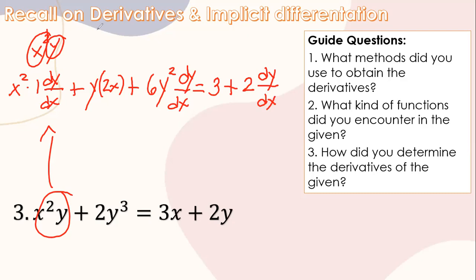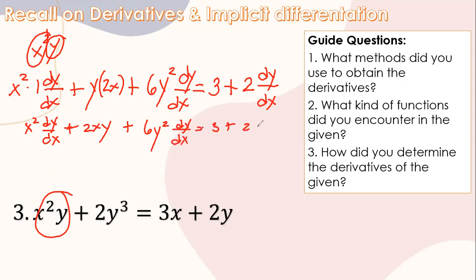Okay? So, we have here, ayan, simplify natin, x squared dy over dx plus 2xy plus 6y squared dy over dx is equal to 3 plus 2 dy over dx.